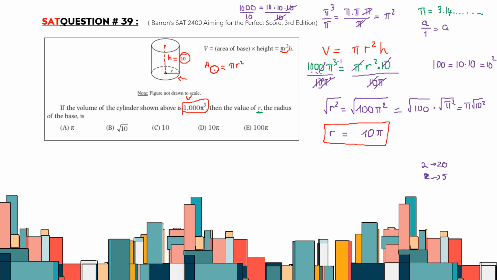And some extra is 10, because powers of 10 are easy. We can count the zeros to know the power. So it's 10 to the power of 3 because you have 3 zeros. 100 is 10 to the power of 2, because you see 2 zeros. We have 1, 2, 3, 4 zeros, that is 10 to the power of 4. So we call that the powers of 10. Just memorize that.